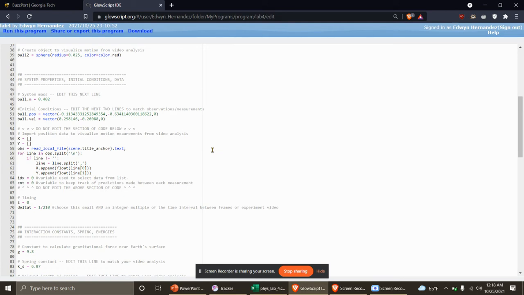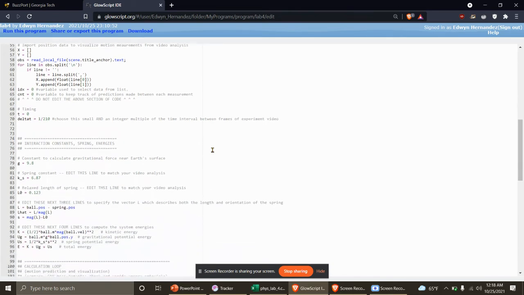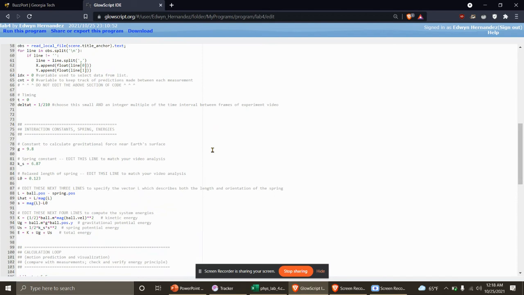Our velocity was about 0.298 meters per second for the X, and for the Y it's 0.2609 meters per second. And our delta t was 1 over 210 seconds, so we can have a more consistent delta t.